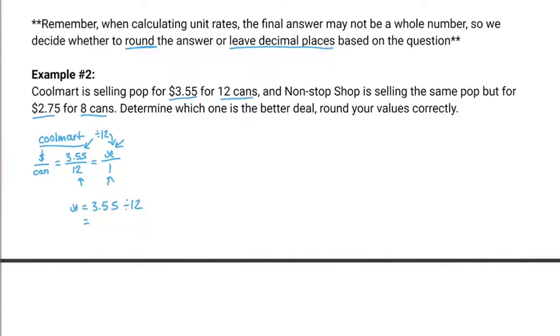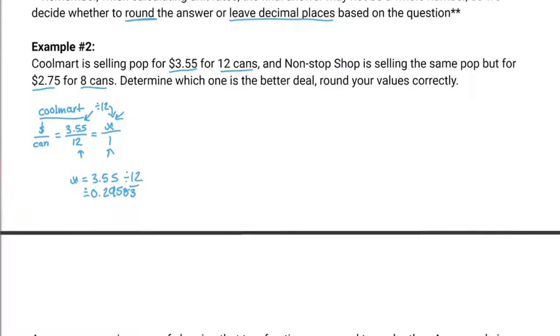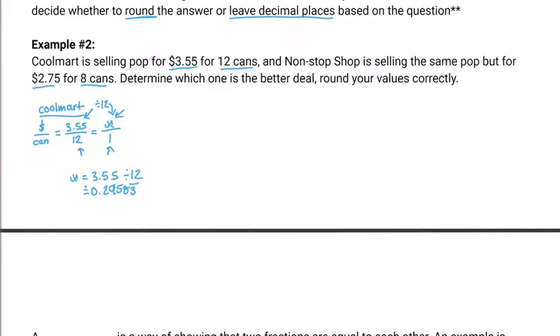So you should get an answer that looks like this: 0.29583 repeated. So remember, x is that value, of course, but we're trying to find the price. And price is rounded to 2 decimal places, always. So we need to round this value to 2 decimal places. So let's do that.